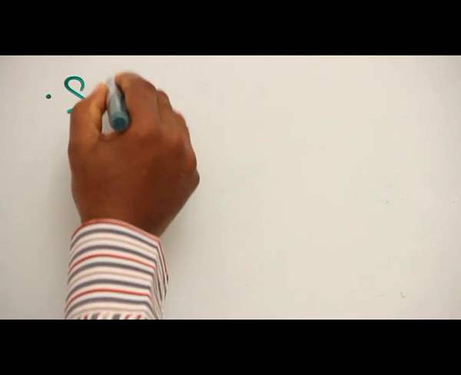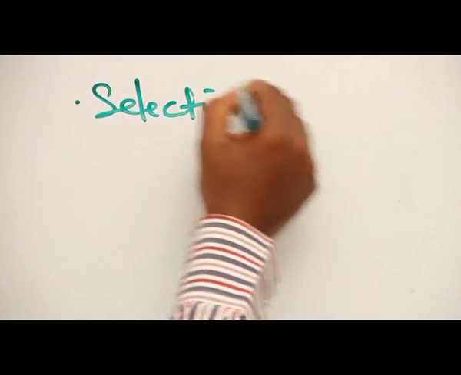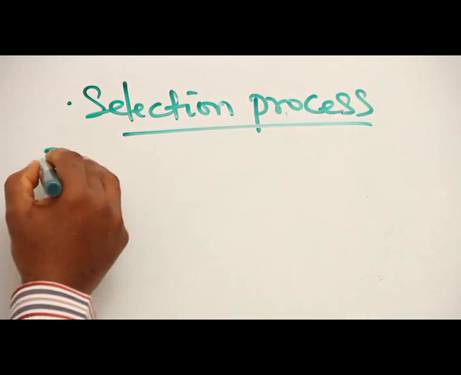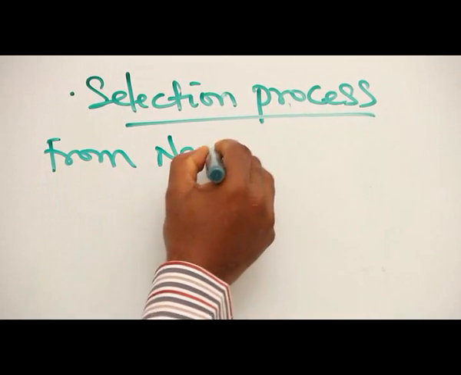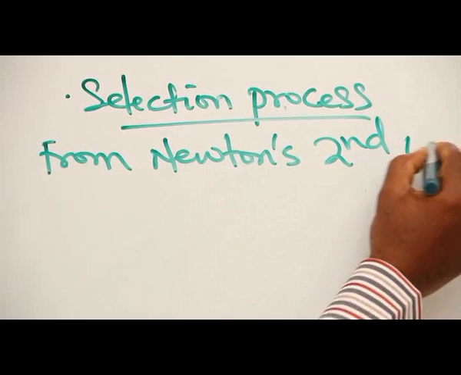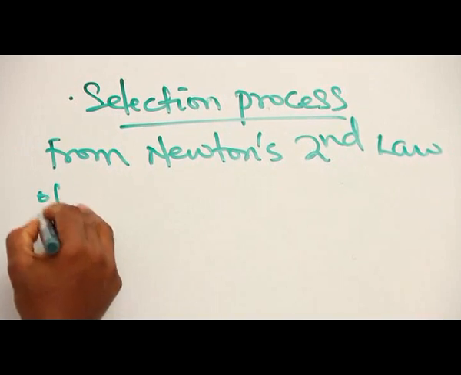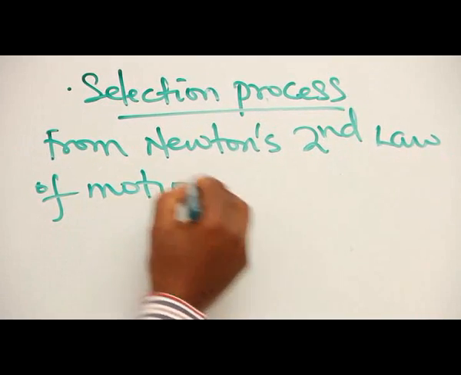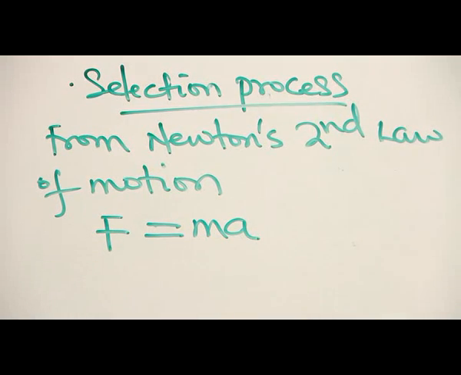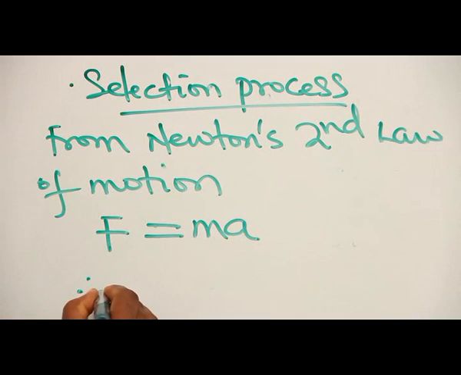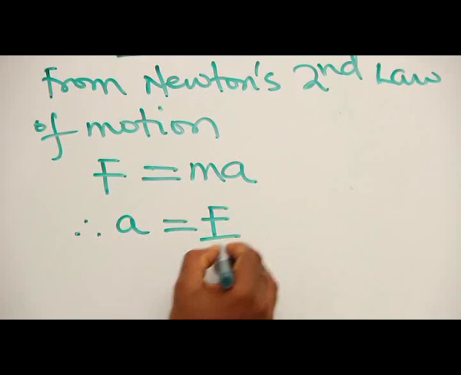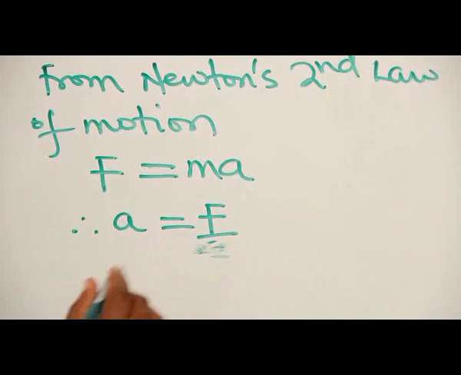Selection process. From Newton's second law of motion, force is the product of mass and acceleration. Therefore, acceleration is equal to force divided by the mass of the body.